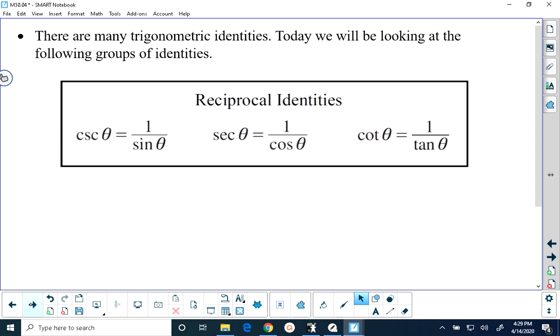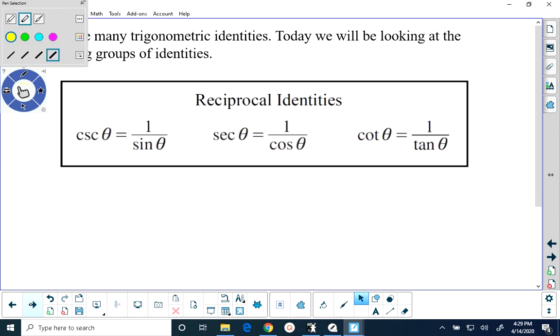What this means is that you can pick any angle you want, and if you figure out what 1 divided by sine of that angle is, and you also figure out what the cosecant of that angle is, you will get the same thing. In other words, this equation, cosecant of theta equals 1 over sine of theta, is an equation that's always true, which is why it's called an identity.